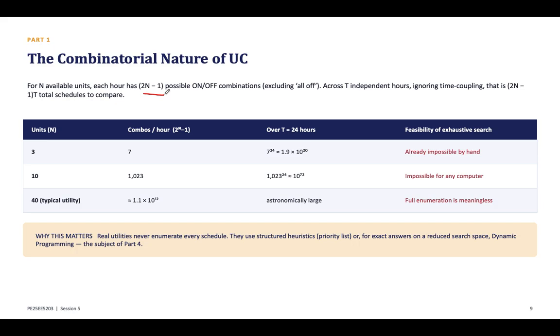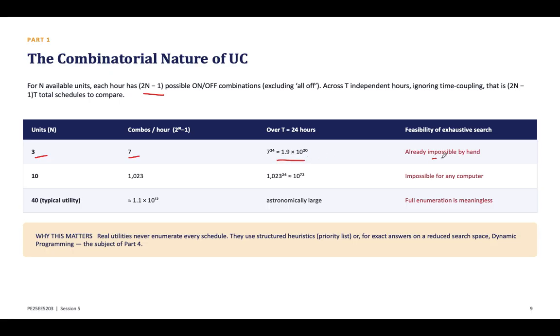A useful way to visualize this, let's move ahead. If you want me to give the example of what we are already having here, you can see there are three units. So you will be having 7 combinations. So out of t equal to 24 hours, 7 to the power of 24, you will get this answer.